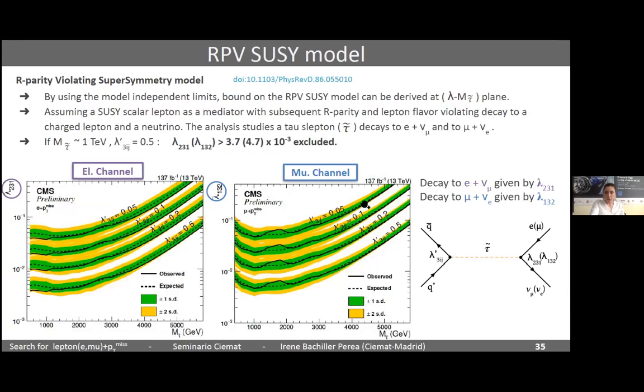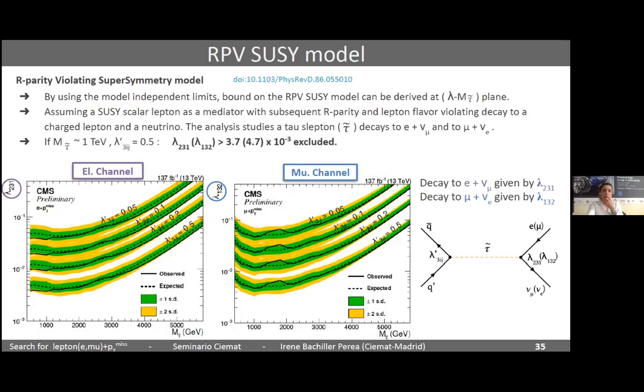For this case of lambda prime, this case 0.5, we are excluding lambda of the electron or the muon to be greater than 3.7 or 4.7, 10 to the minus 3, in the coupling of lambda.